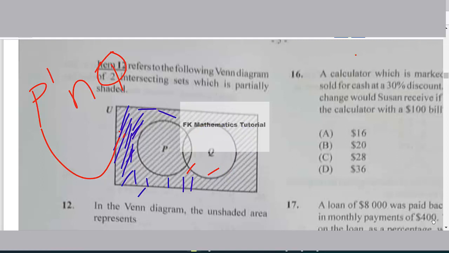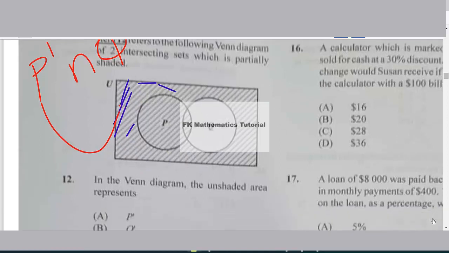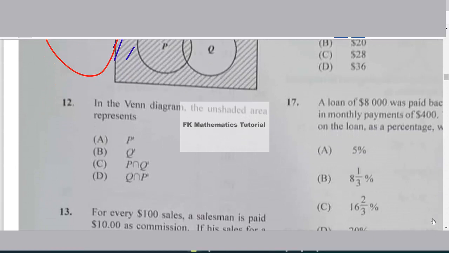So the unshaded region is P prime intersection Q. So the correct answer is D, P prime intersection Q. Option D is correct. Or Q intersection P prime.